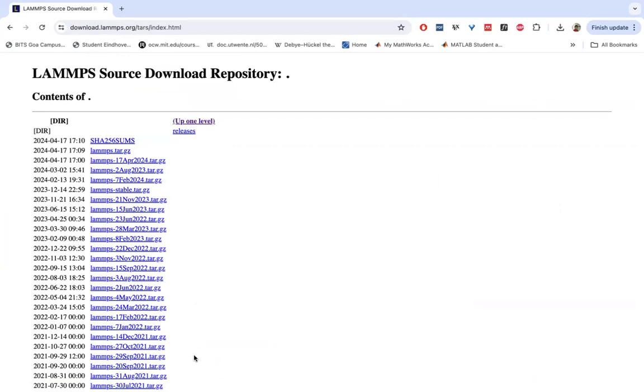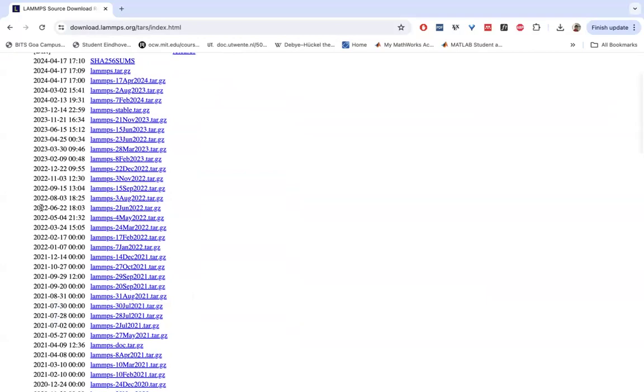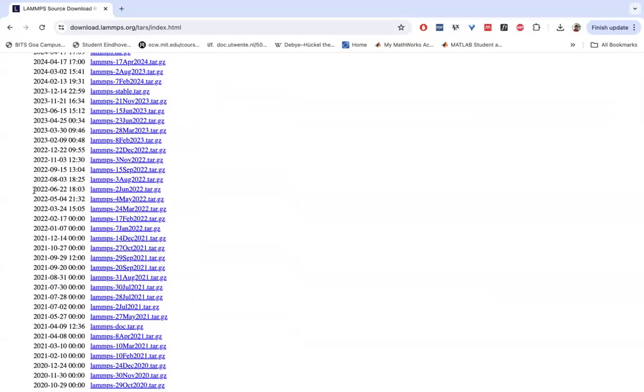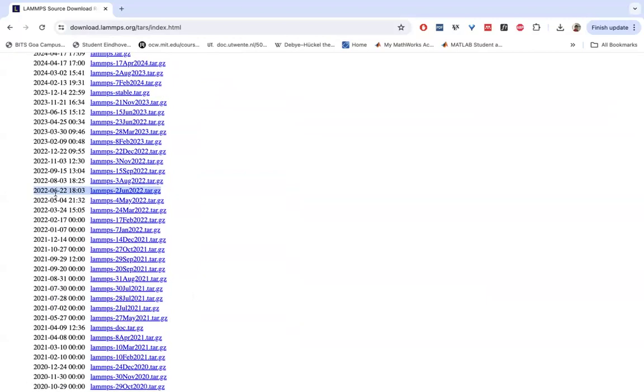Once you click on the link, it lists all the previous versions of LAMMPS that have been released. And for our purposes, like I said, for the sake of compatibility, we require the version that's shown here, which is the 2nd of June 2022.